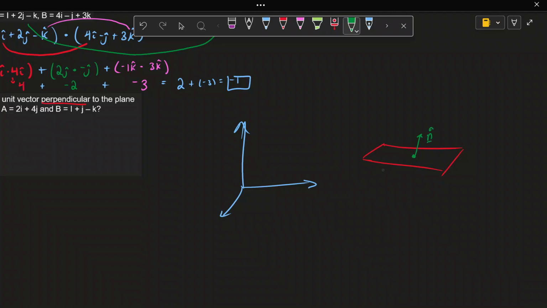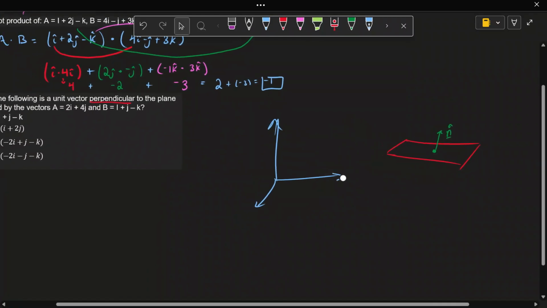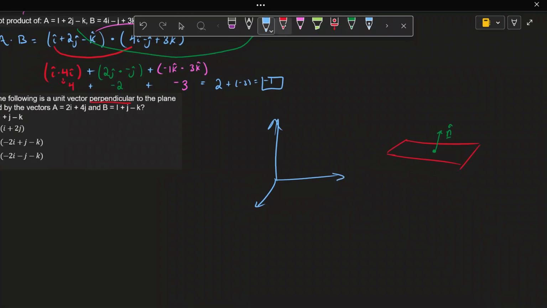So we have this plane that's defined in the 3D XYZ space, and we have a normal vector. Okay, how do we get a perpendicular vector? Well, what we do is initialize two separate vectors, A and B, on said plane, which we'll call plane P, and we take the cross product between the two, and it will result in the normal vector.